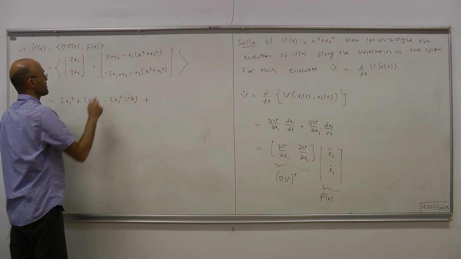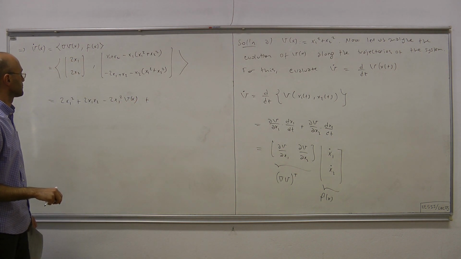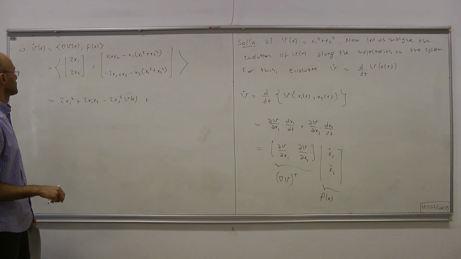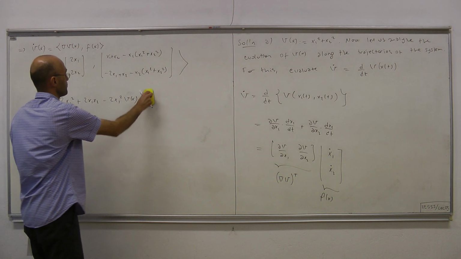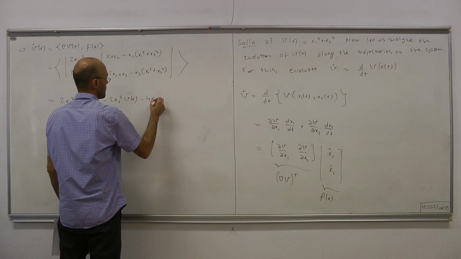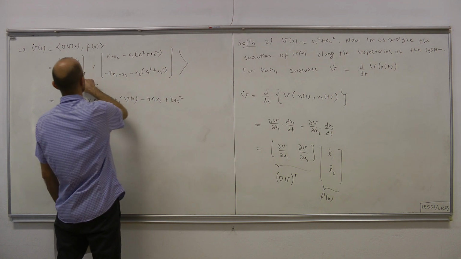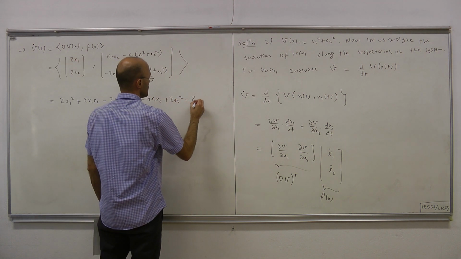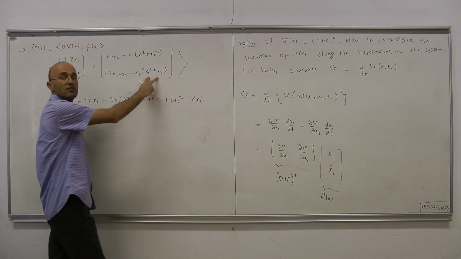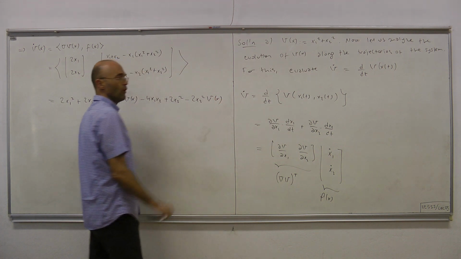Plus we have this times that, which reads minus 4x1 x2 plus 2x2 squared minus 2x2 squared times (x1 squared plus x2 squared), which is V of x.